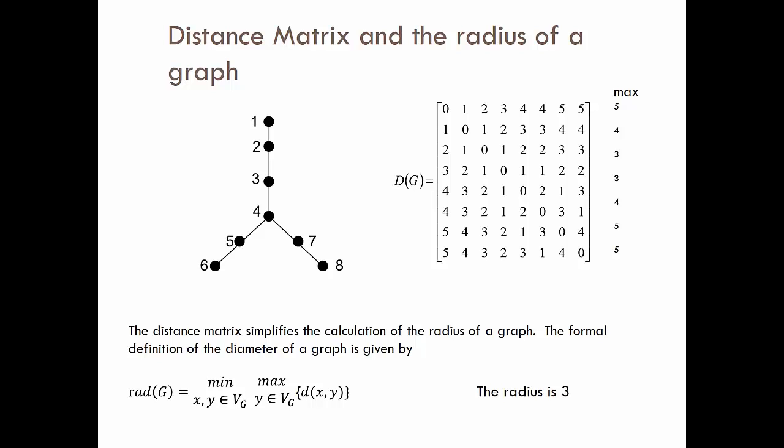So if we take the minimum of the maximums, then in the column under maximum, our minimum is 3. This graph has a radius of 3. That means there is a vertex in the graph that you can go from to any other vertex in the graph by no more than 3.